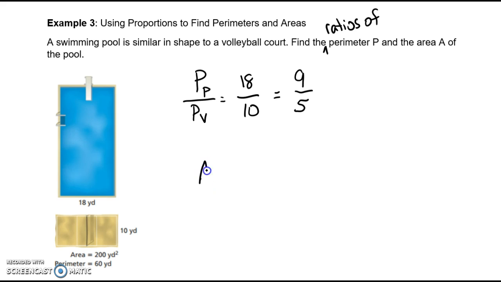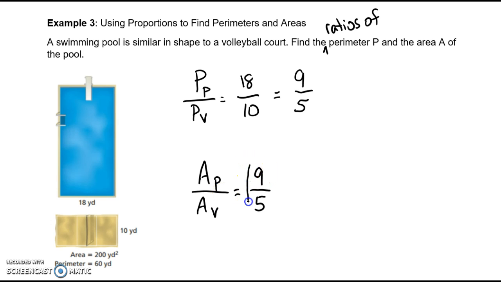The ratio of the areas, so we're going to do areas here. Ratio of the area of the pool to the area of the volleyball court. Using those same numbers again, I'm going to go ahead and just use my already reduced version. So does that make sense? We got the same answer, even though one we're talking about perimeter and one we're talking about area? No, it does not.